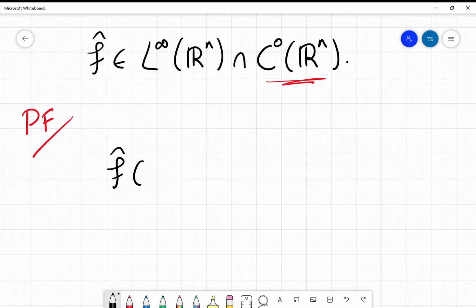Now the proof that it's continuous, well, let's look at f hat. Okay, so we can approach it in the following way. It's easier if we show that f hat is continuous at 0. So first show f hat is continuous near 0.